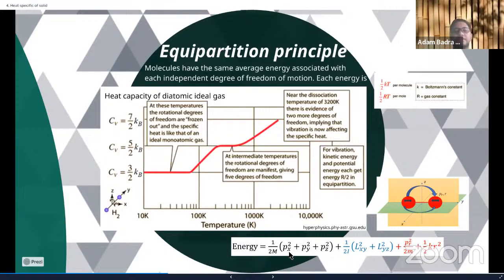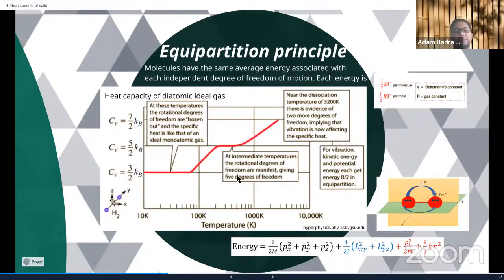Each of these three has half kT. And since Cv is the derivative of the energy over temperature, that means it's just 3 over 2. So the overall energy is 3 divided by 2 kT.